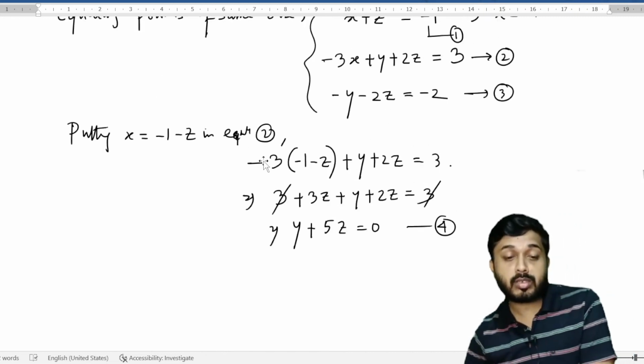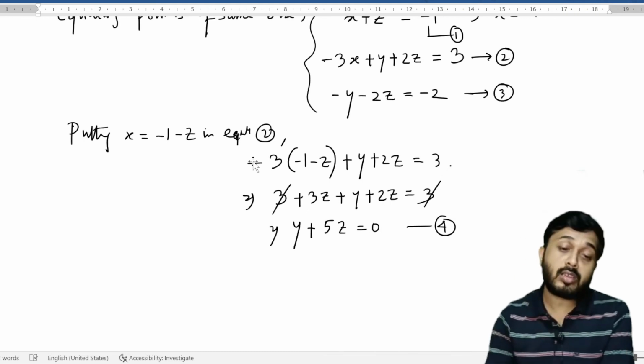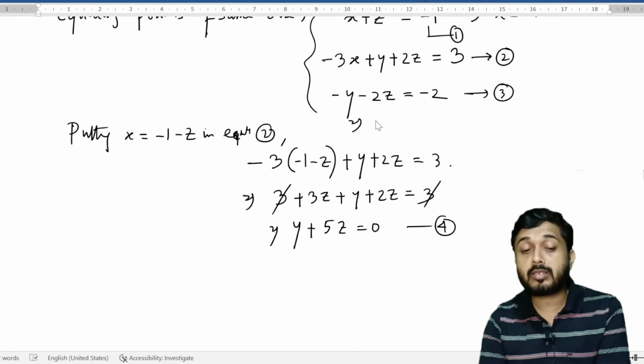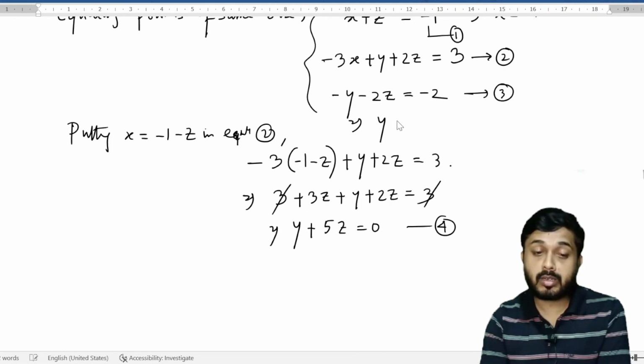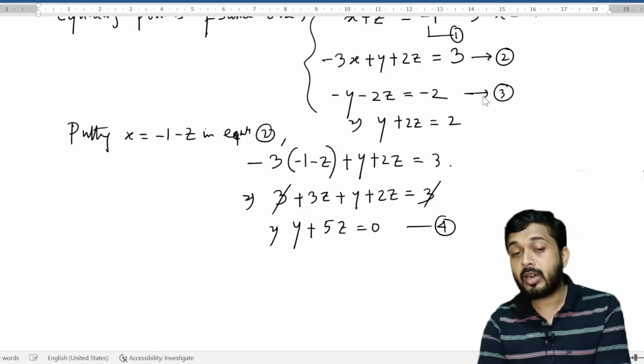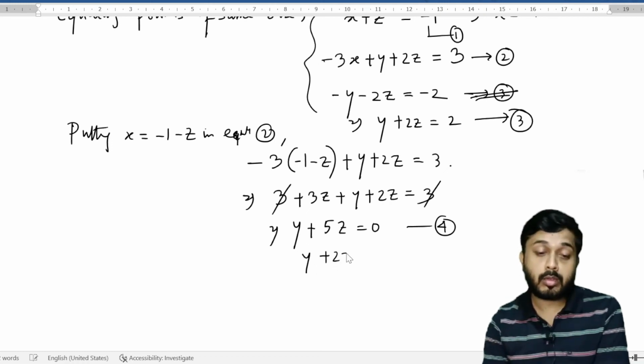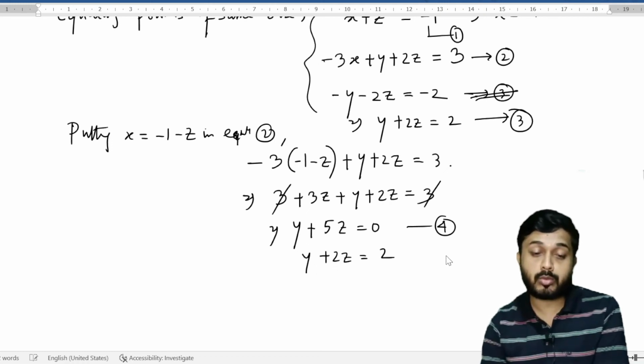And what is equation number 3? Minus y minus 2z equal to minus 2. If we cancel out minus from both sides, then we are getting y plus 2z equal to plus 2, right? Let this be equation 3 only. Y plus 2z equal to plus 2.